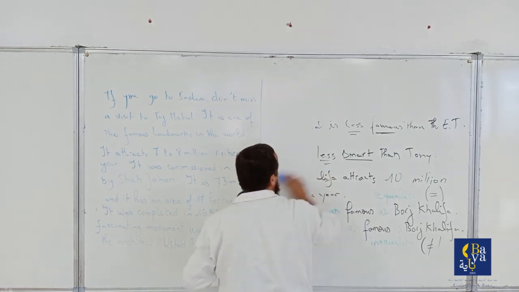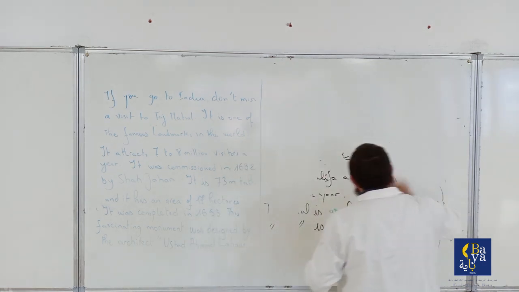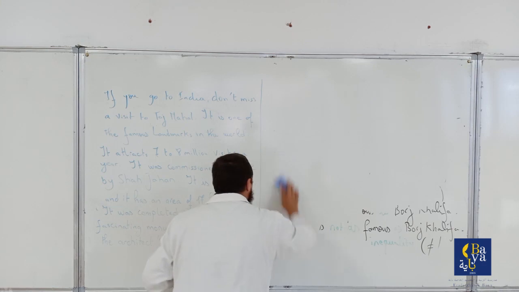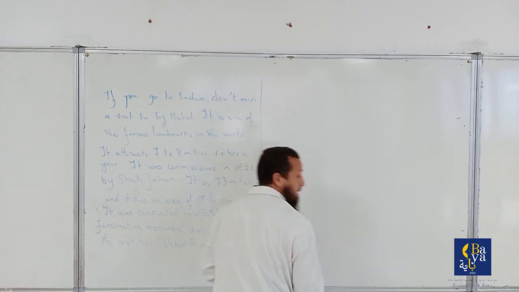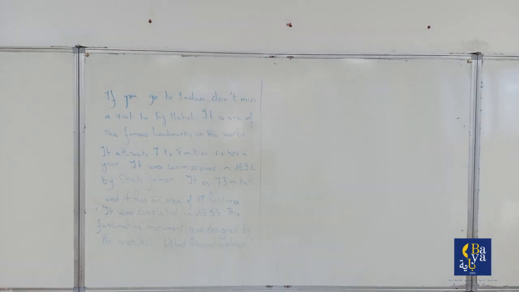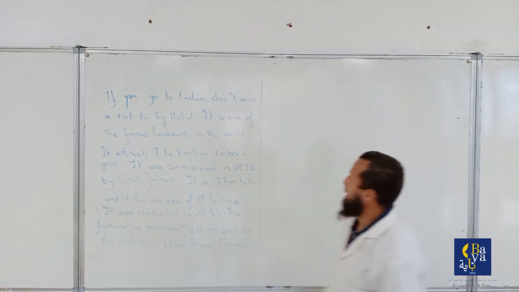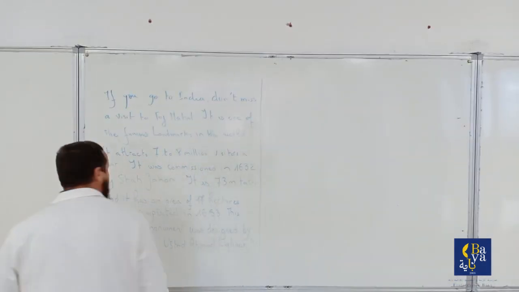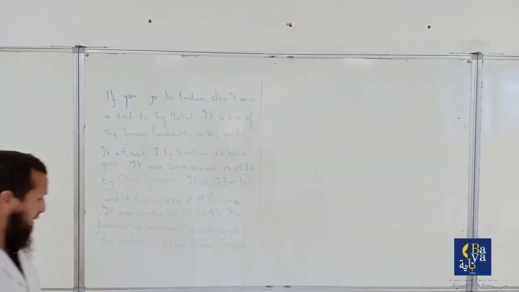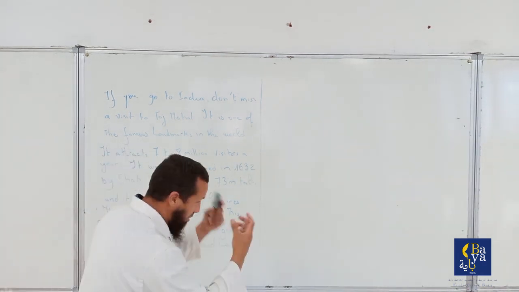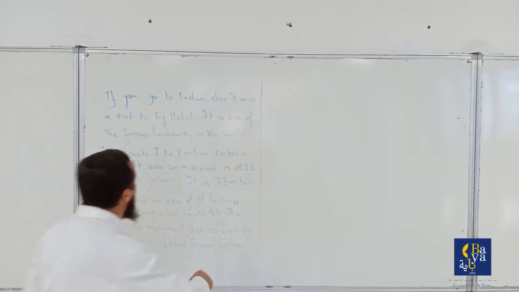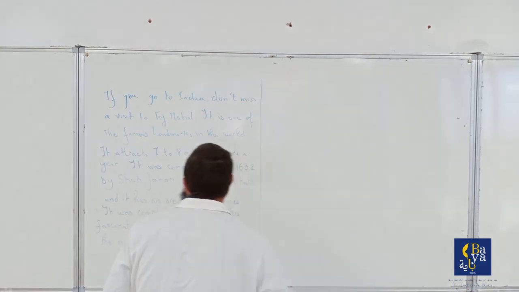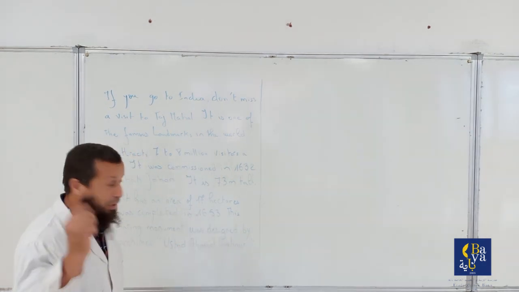Try to read this. Now, we go to another thing. Let's take a look at this descriptive text, paragraph, passage about Taj Mahal. If you go to India, don't miss a visit to Taj Mahal.